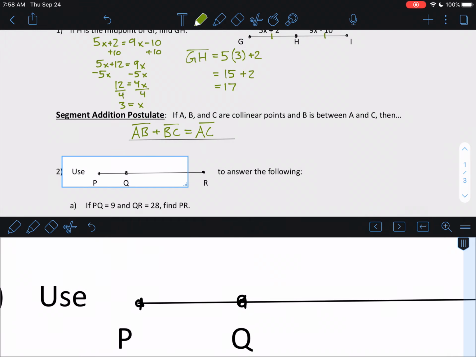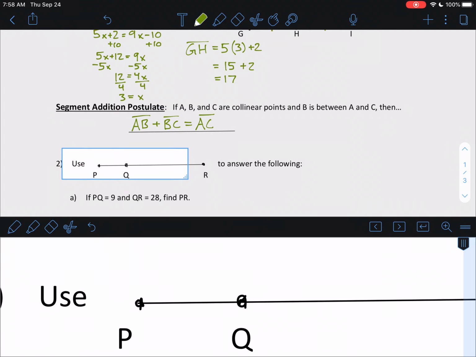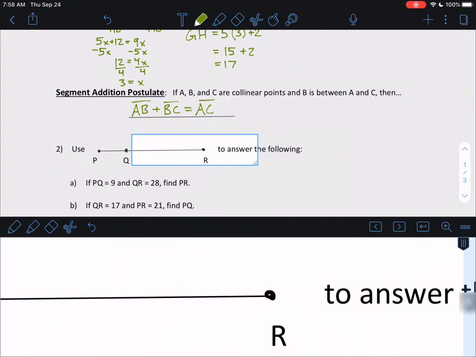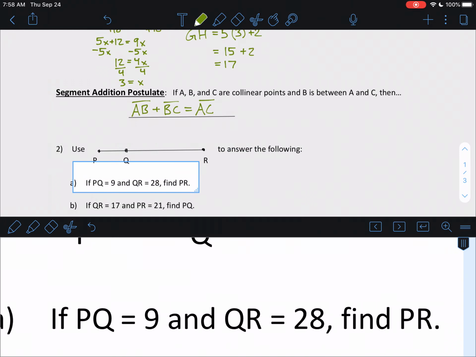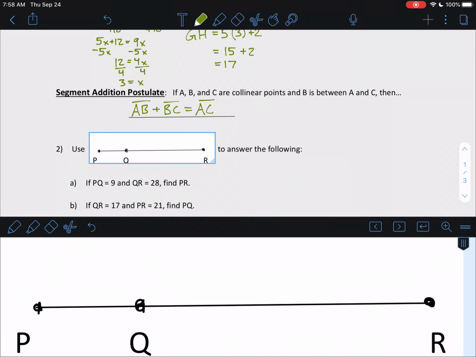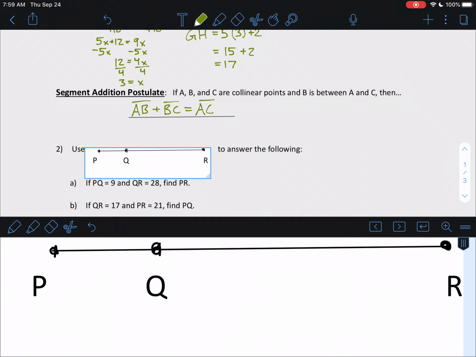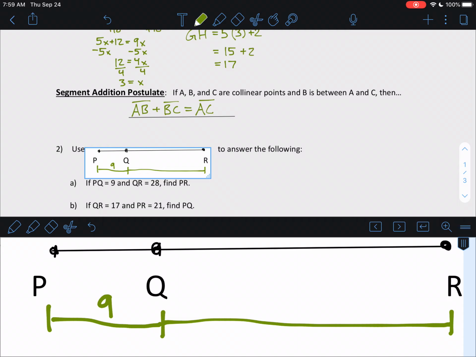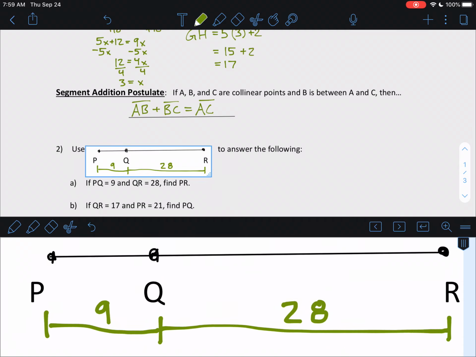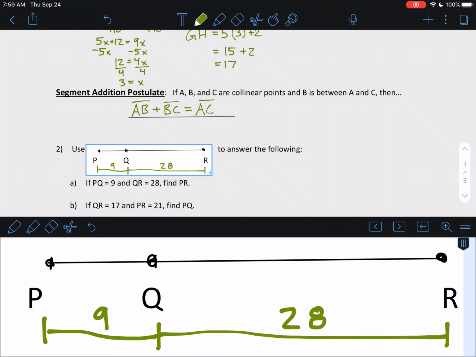So we are going to use this now. We're going to use this line PQR to answer the following. So if PQ equals 9 and QR equals 28, find PR. So they're telling me that this distance here is 9, and then this distance here is 28, and it wants us to find the distance of the whole thing.